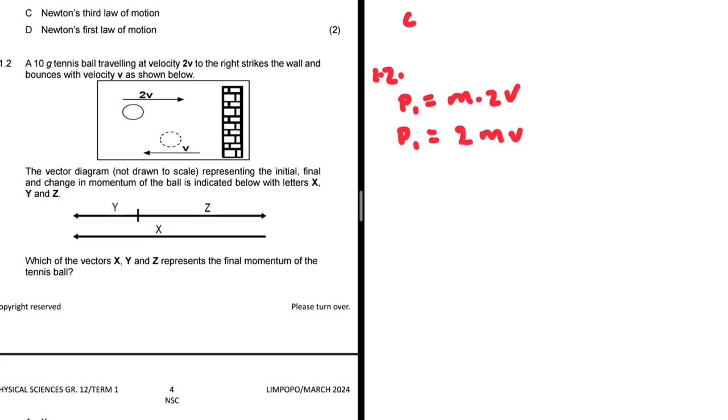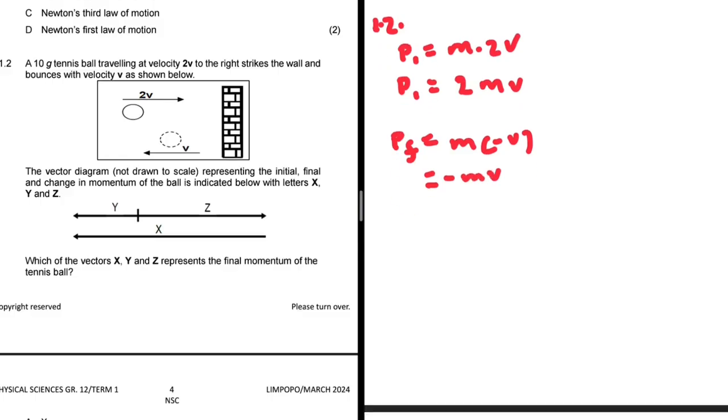Okay, let's take a look at the final momentum. So p final, let's take direction to the right, towards the wall, as positive. The mass of the object is still m, but now the velocity is minus v because you're taking direction towards the wall as positive. So p final is minus mv, right?